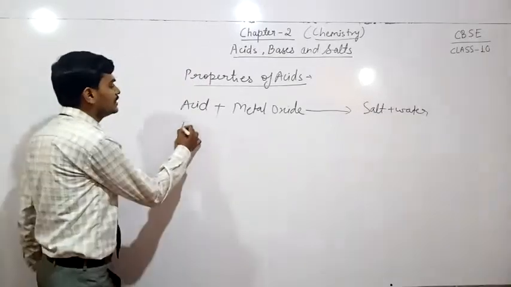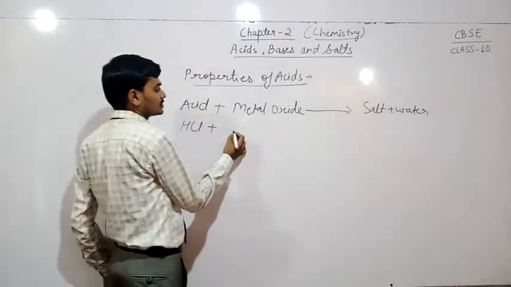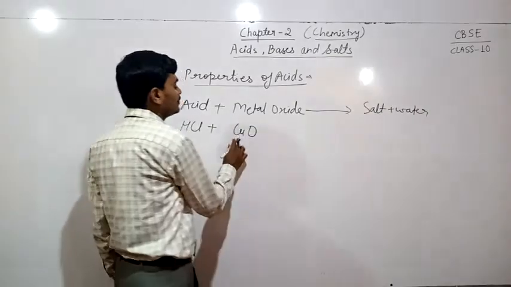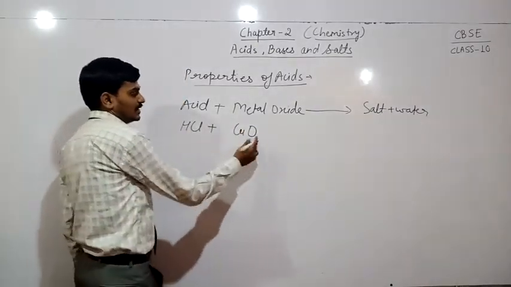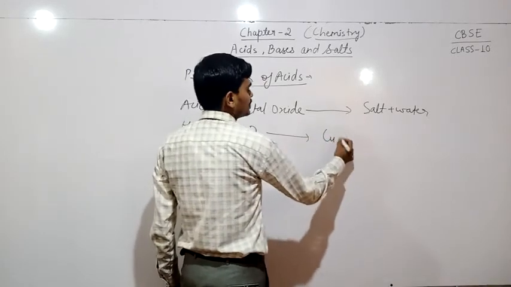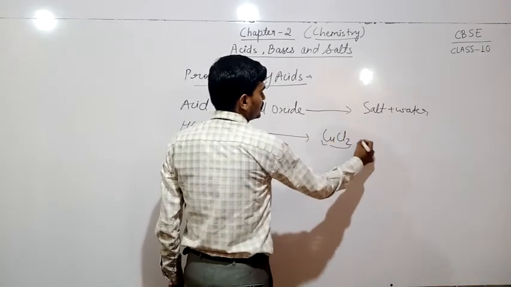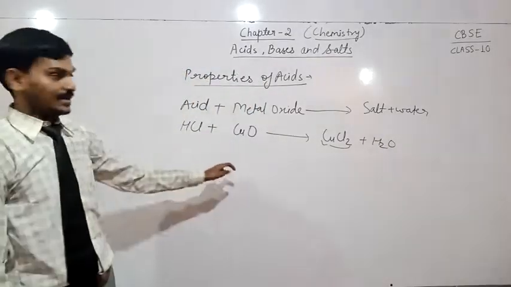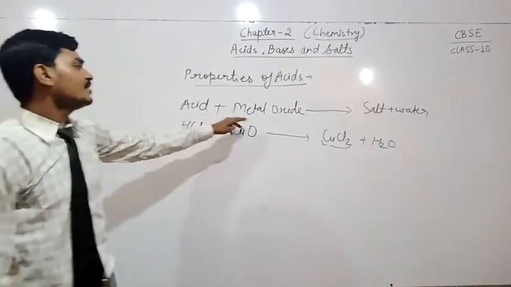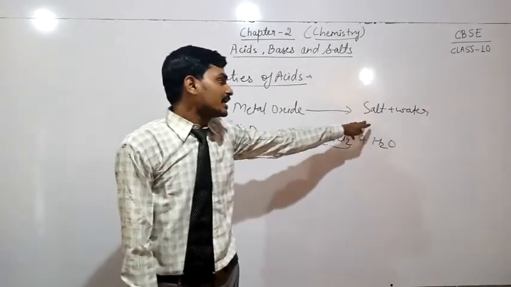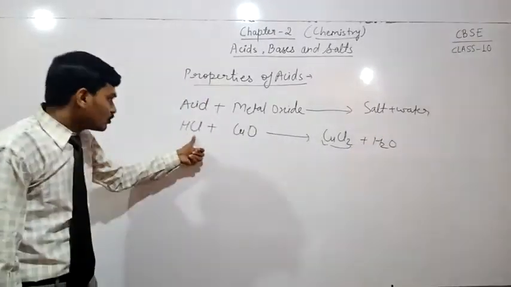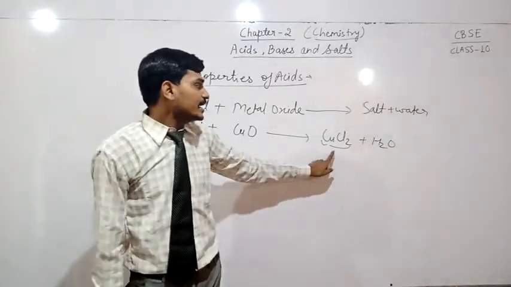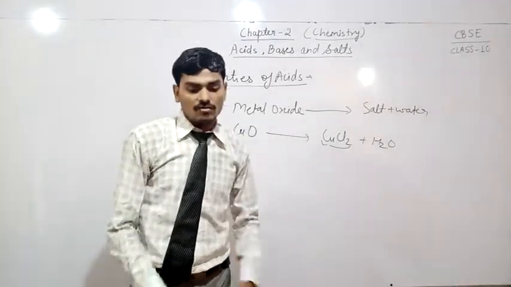For example, if we react HCl plus metal oxide, copper oxide, this is the metal oxide, then we get CuCl2, this is the salt, plus water. So this is also a property of acid. Hydrochloric acid reacts with copper oxide, we get copper chloride, this is the salt, and this is the water.